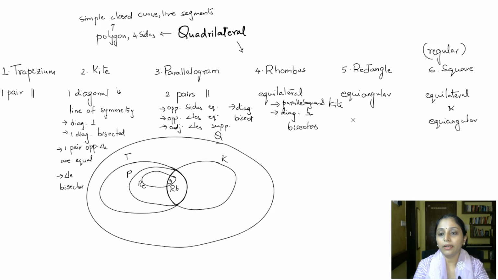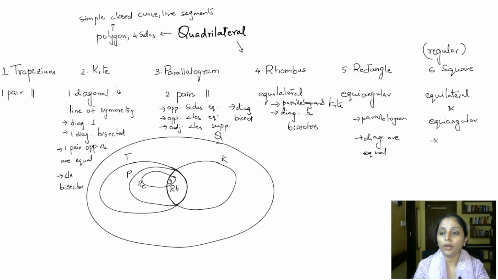Coming to rectangle, all the properties of parallelogram hold true, right? And the diagonals are equal in length, okay? The diagonals are equal in length. So this is about rectangle.